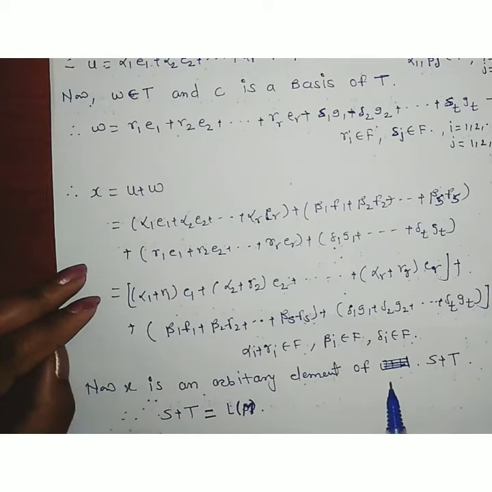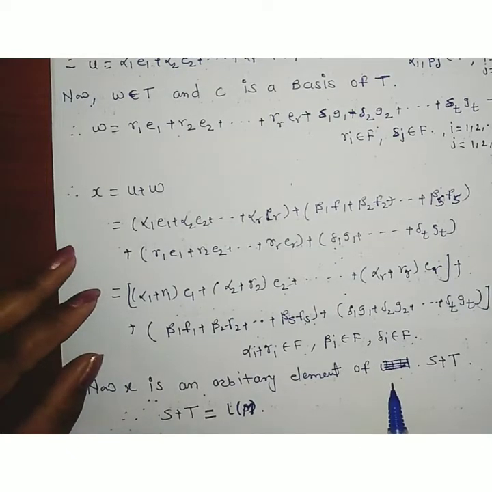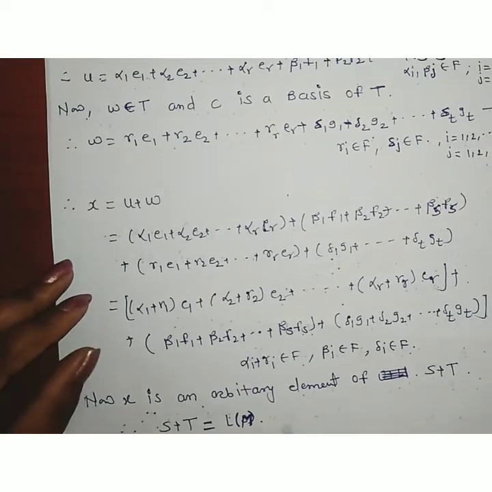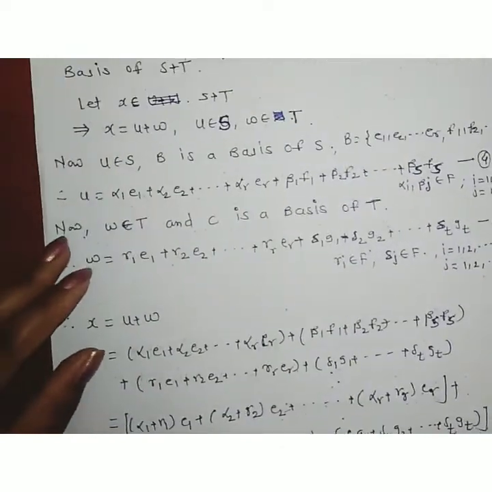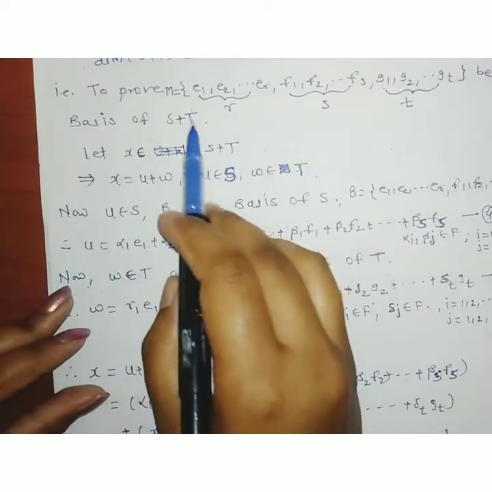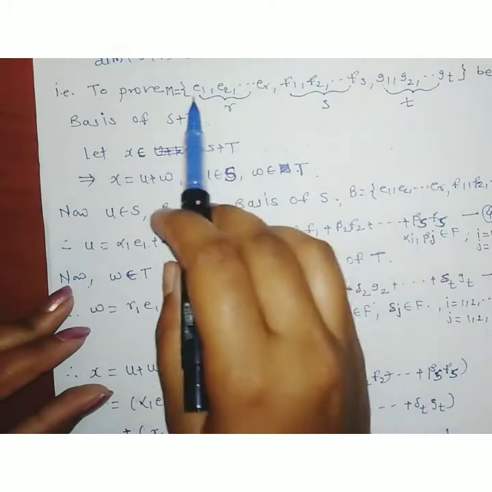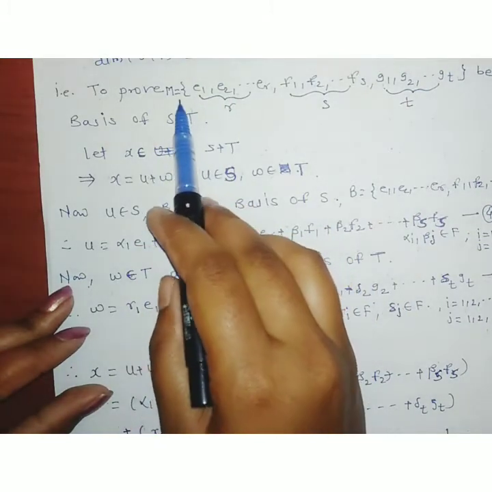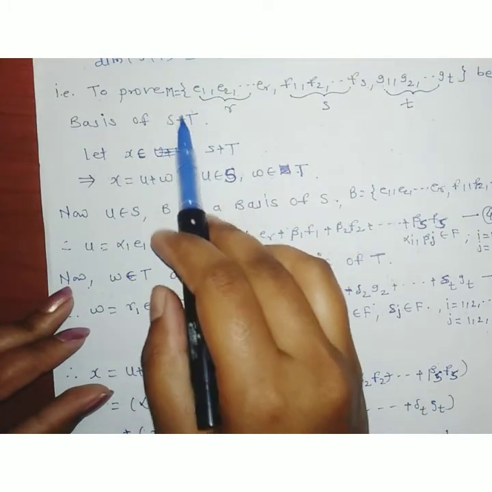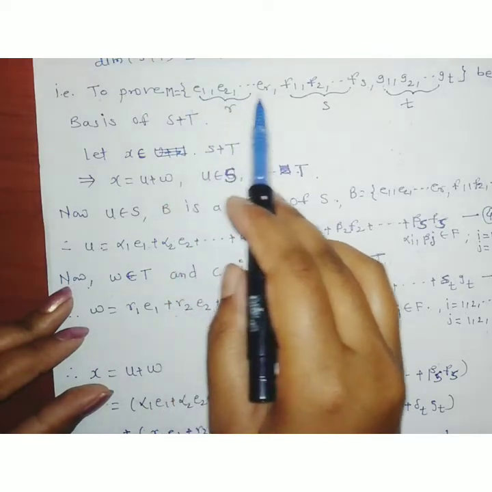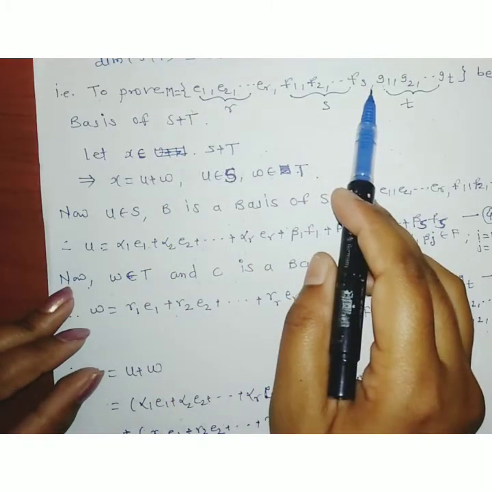Now we have to show that this M spans S plus T. That is, every vector of S plus T can be written as a linear combination of these vectors.